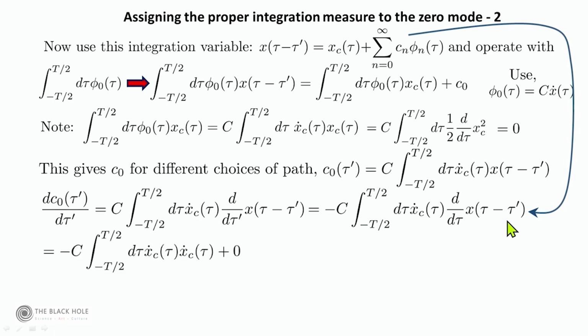That will immediately tell us some things. So the first term is xc dot. So dc0 by d tau prime becomes this integral over here.